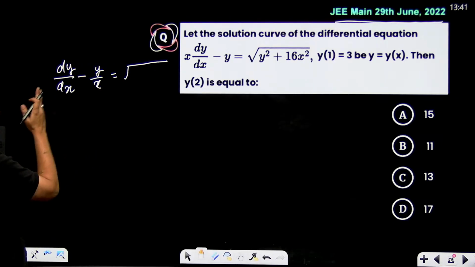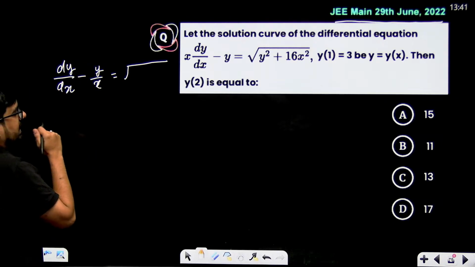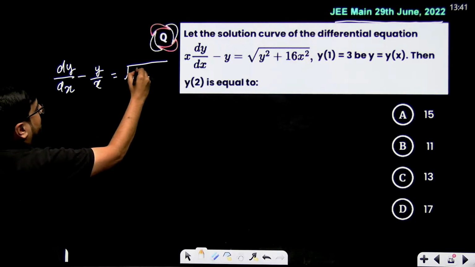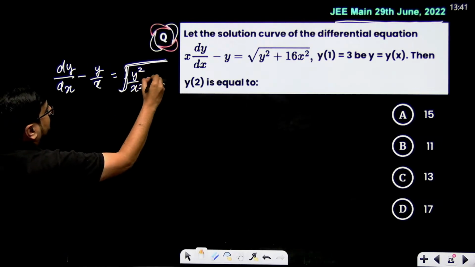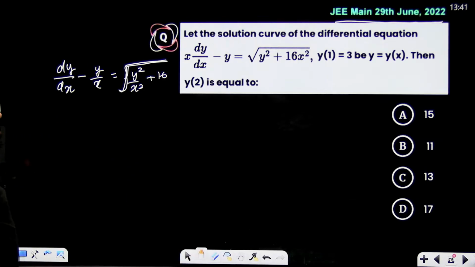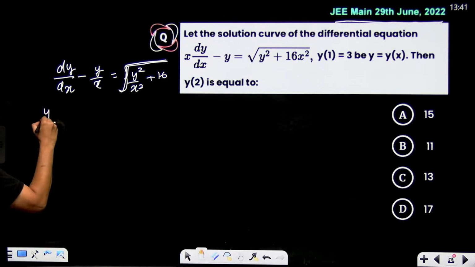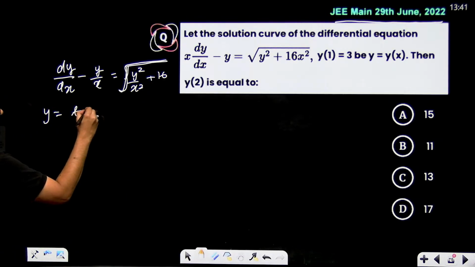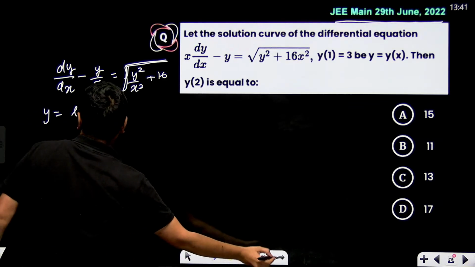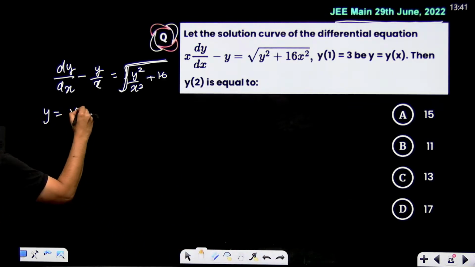This divided by x, this divided by x. Right side also we can do this. So this will become square root of y square by x square plus 16, simply. Then substitute y is equal to tx, or we are using vx, so no problem, vx.